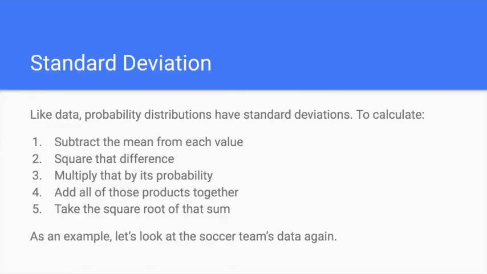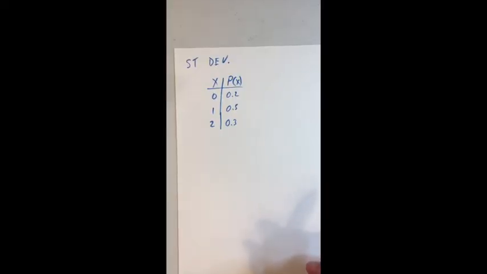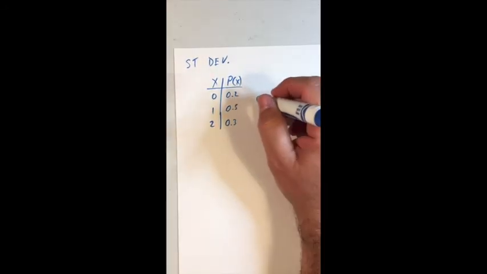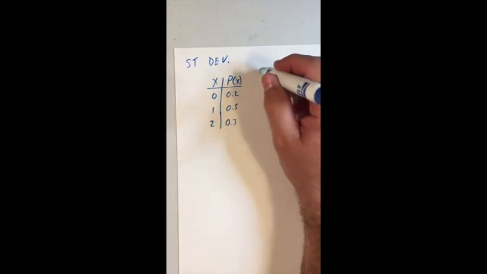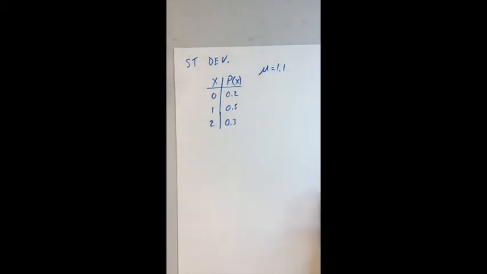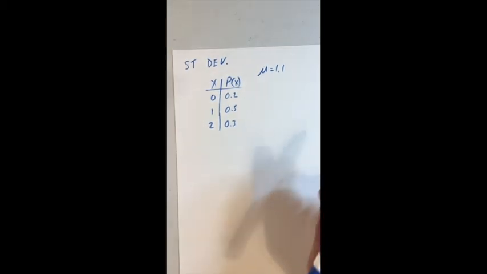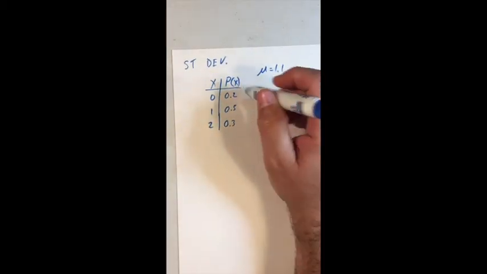For standard deviation, we're going back to the soccer team distribution. This was the original PDF for that, and we already figured out that the mean of this situation was 1.1. So I found my calculator. I'm going to use it to help me because I don't want to make mistakes and have to correct them later.